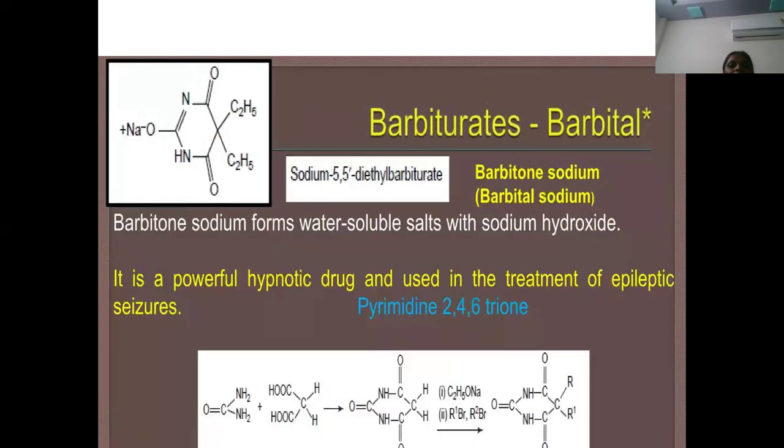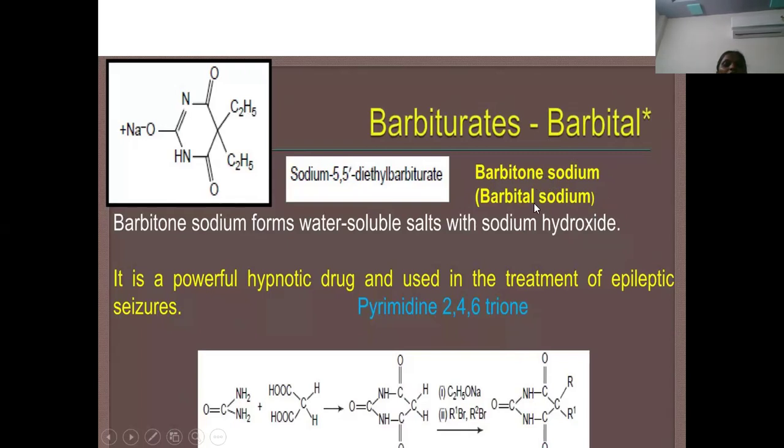Next, under barbiturates, one of the important drugs is barbital or barbitone. Barbital sodium and barbitone sodium are the same. These two are available through keto-enol tautomerism. That's why we call them barbital or barbitone.